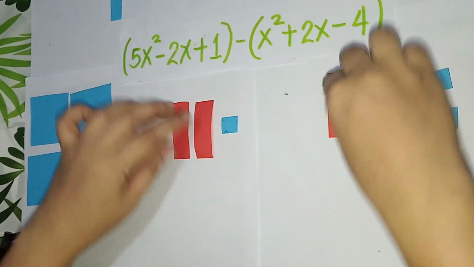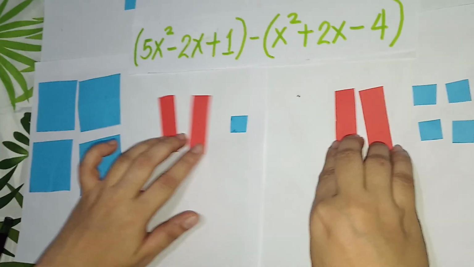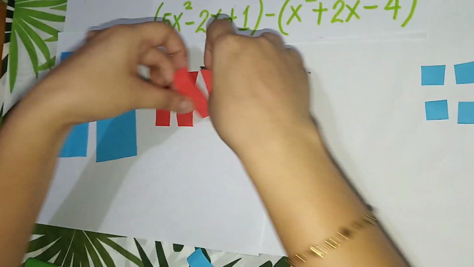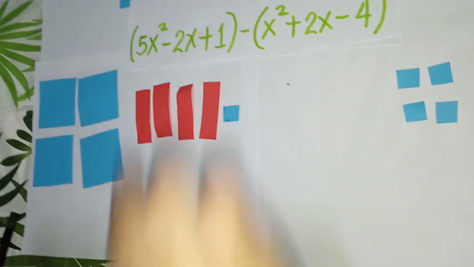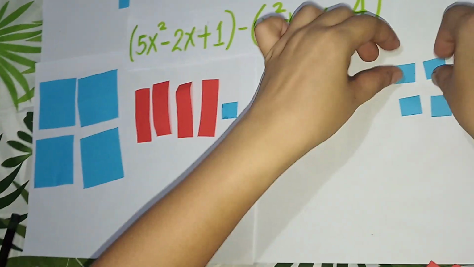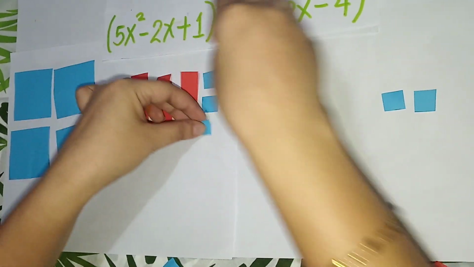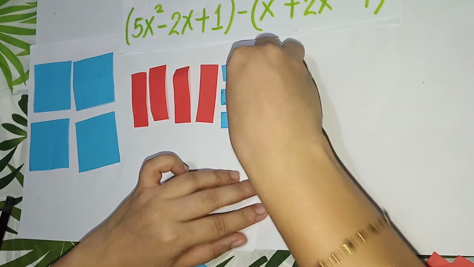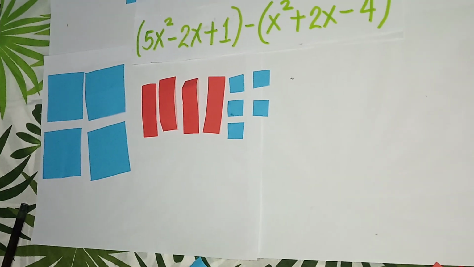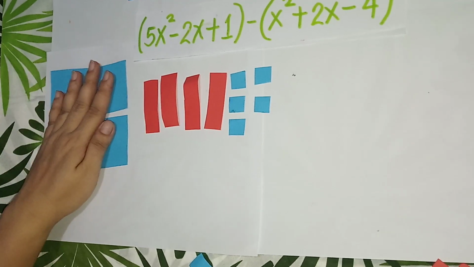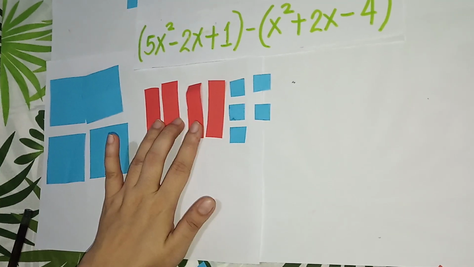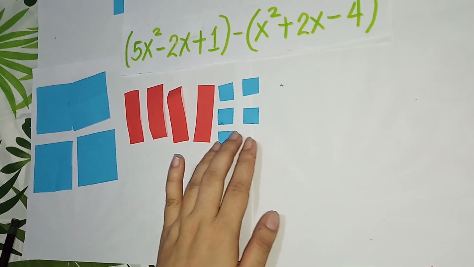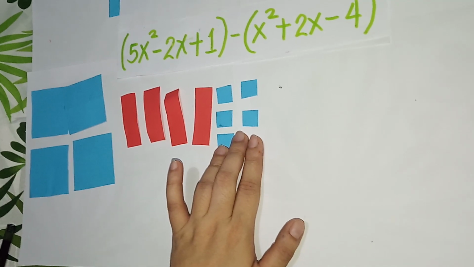As you notice, no pair, so combine them. How will you read your final answer? It will become 4x squared minus 4x plus 5.